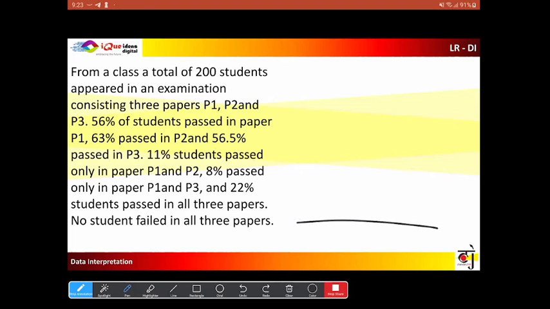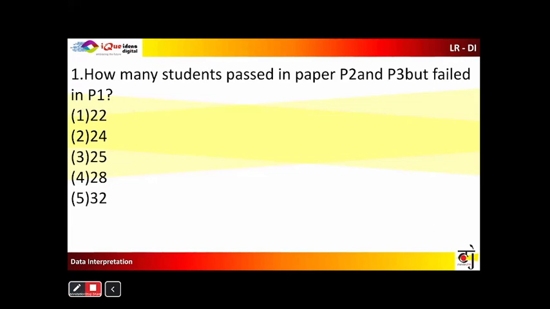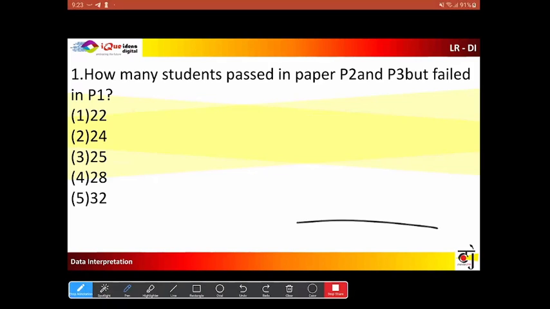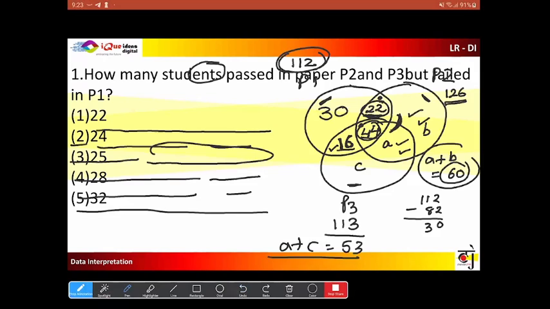So now, what is the ratio of the students? First of all, how many students passed in paper 2 and paper 3 but failed in paper 1? Can I calculate anything further from this?